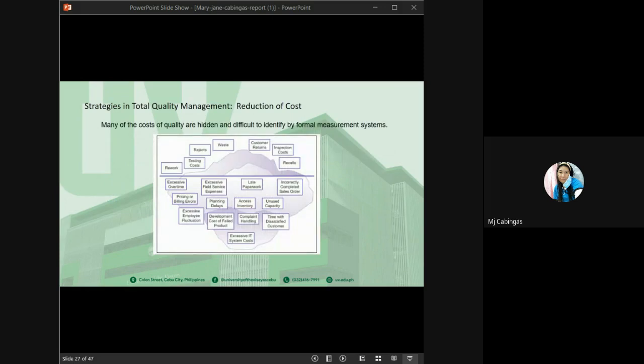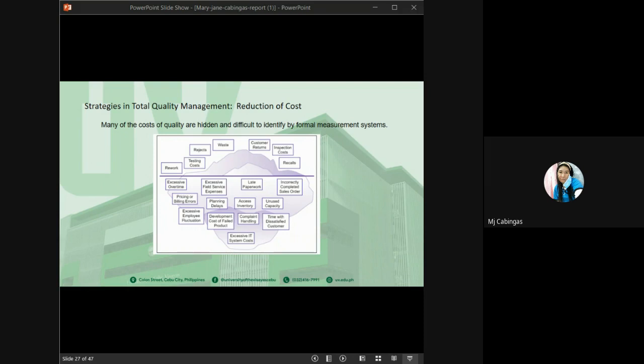So, na ako'y diagram diri na many of the costs of quality are hidden and difficult to identify by formal measurement requirements. So, kani siya, example ani kay the iceberg model. So, the iceberg model is very often used to illustrate this matter. Only a minority of the cost of poor and good qualities are obvious, kanang nasa igbaw.